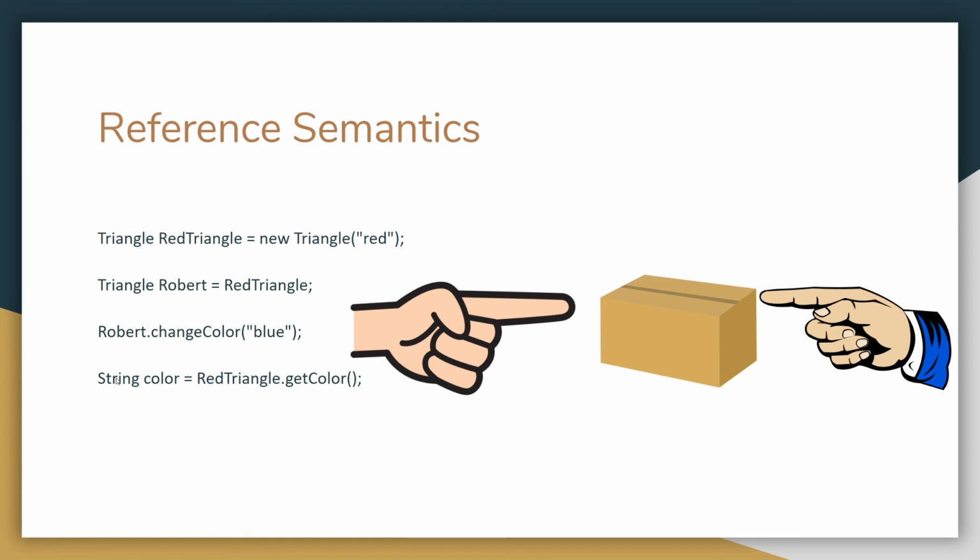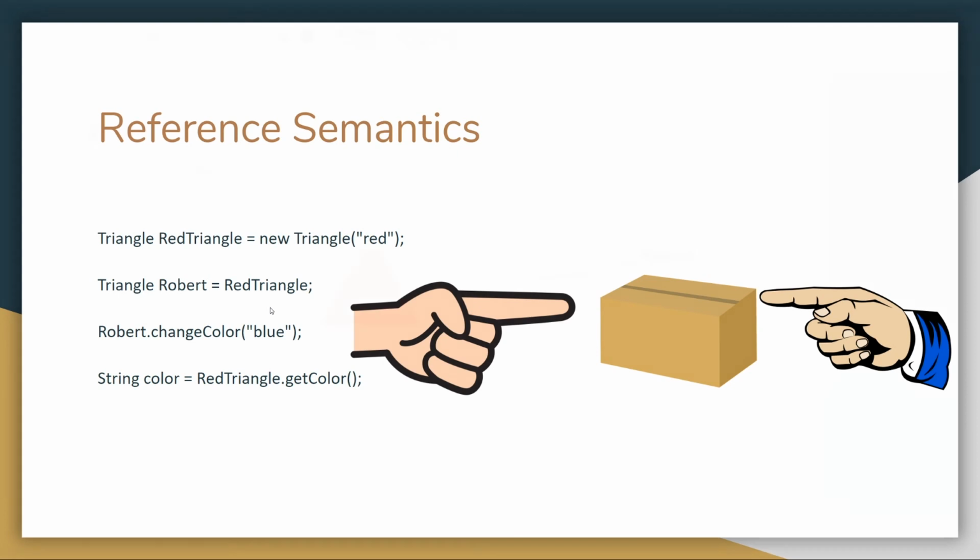Say you go back and you try and get the color for redTriangle. What will this return? Now most of you might say, well, it would return red because that's what we set it initially. But the way reference semantics works makes it so that this would actually return blue because we changed Robert to blue. And I'll show you how this works.